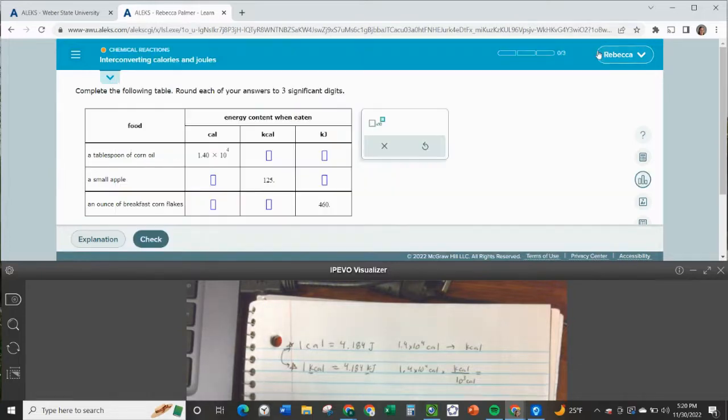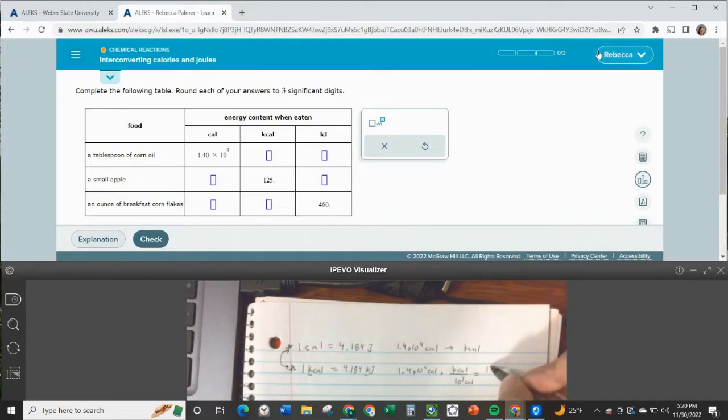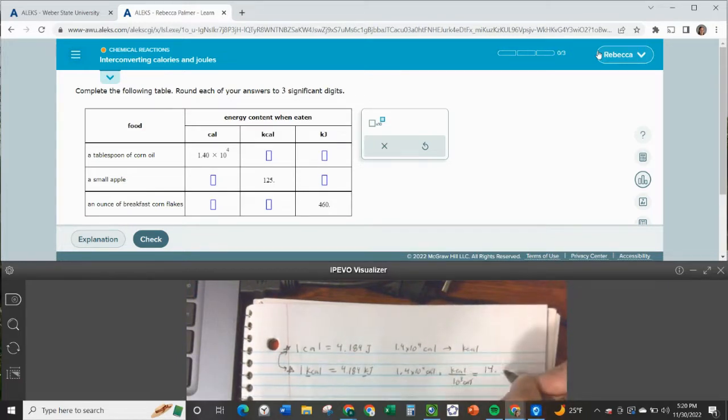So instead of writing k, I can write 10 to the 3. If I divide this by 1,000, my exponents will cancel out, and I'll end up with, I think, 14. And then my units cancel, kcal.